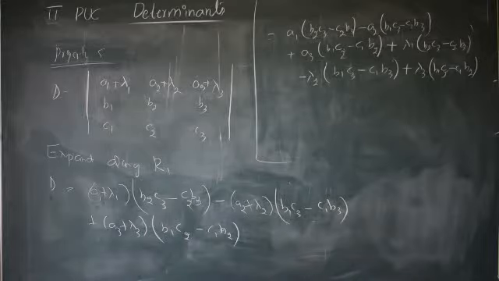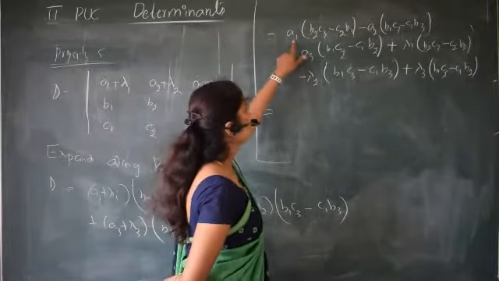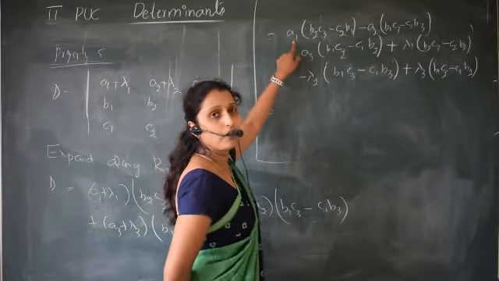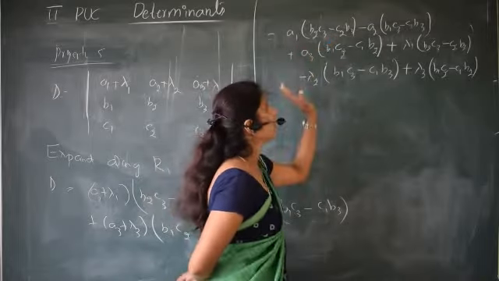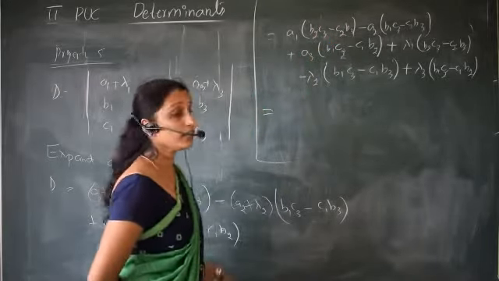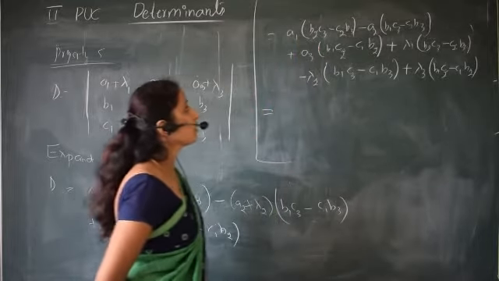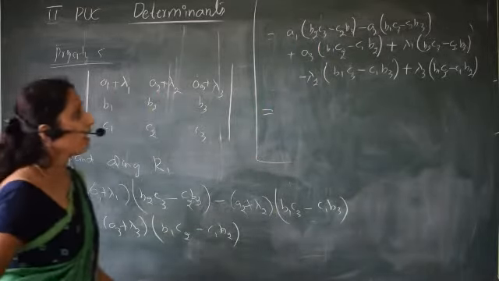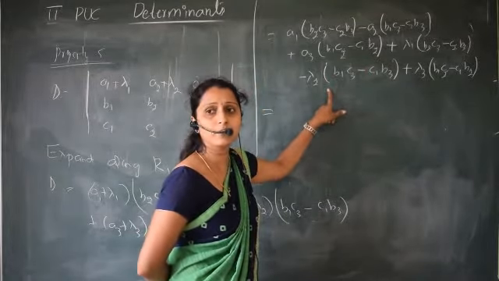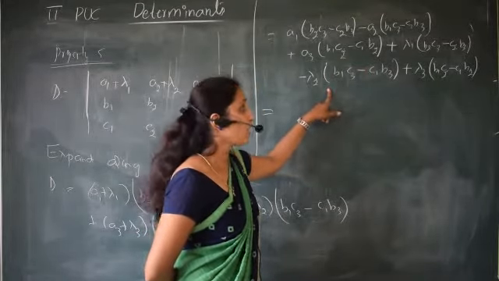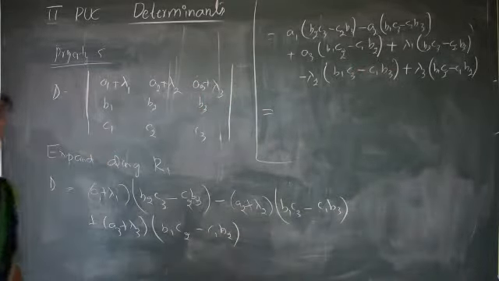So delta is equal to, first, the expansion along R1 by taking the terms of R1 as A1, A2, A3. And after this, the second part is also a determinant expansion along R1 by taking the terms of R1 as lambda 1, lambda 2 and lambda 3.